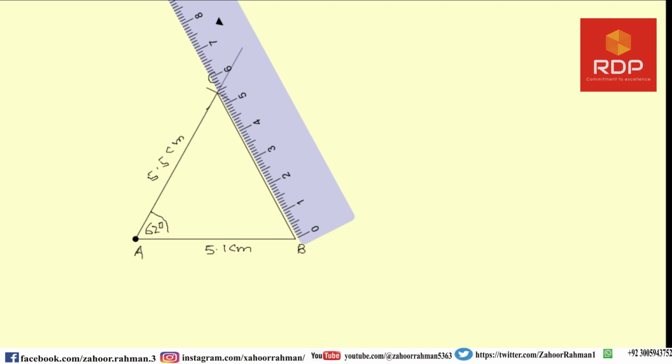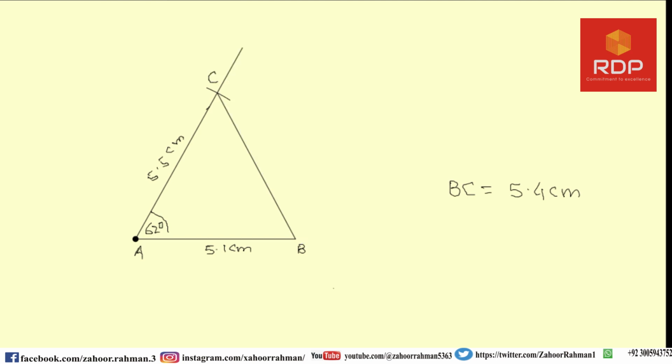With me, BC is equal to 5.4 centimeters. When you make it double, it will be 10.8. If there is a very minor difference, then you don't have to worry about this because it is quite acceptable.